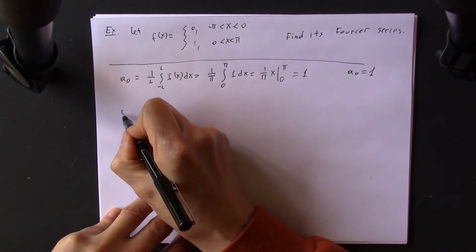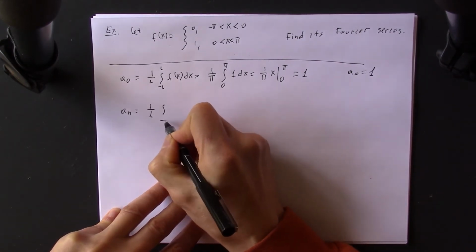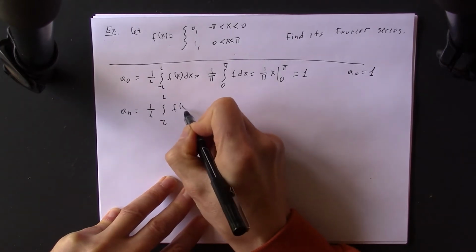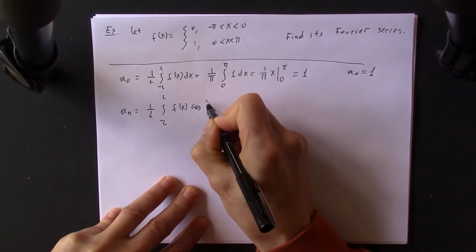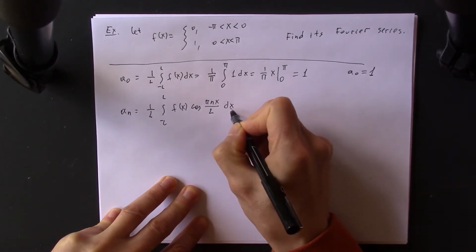Now to find an, it's going to be equal to 1 over L integral from negative L to L, f of x cosine of pi n x over L dx.